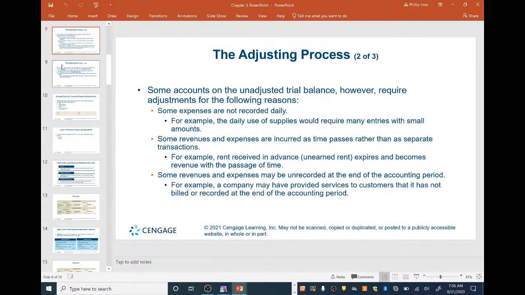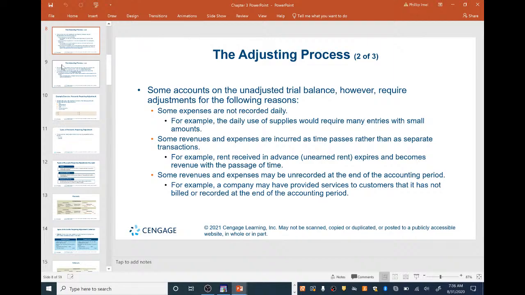And at the end of the month of January, they'll do another physical count of what they have on hand. Then they'll just make one adjusting entry at the end of the month to adjust the expense account and the supplies account. They'll debit an expense for the amount consumed within the period and then credit supplies to reduce the asset. So that's an example of how expenses are not going to be recorded daily, okay?